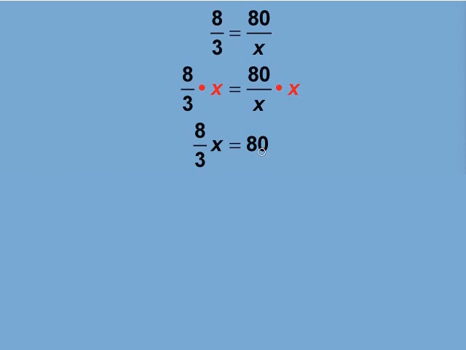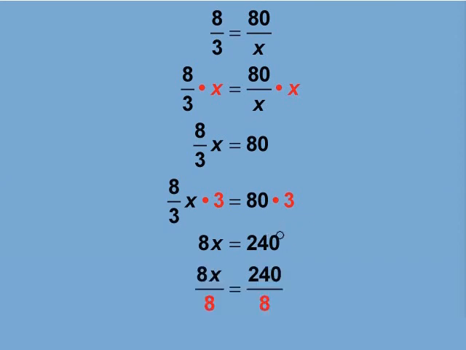We want x by itself on the left. Start by multiplying by 3 on both sides, like this. We're left with 8x equals 240. Now divide both sides by 8, as shown here. The solution is x equals 30. So 30 cups of water are needed to make the pizza dough.